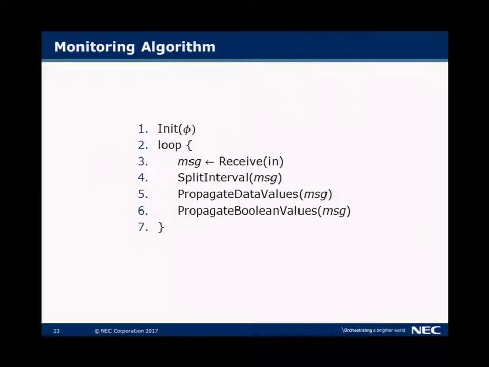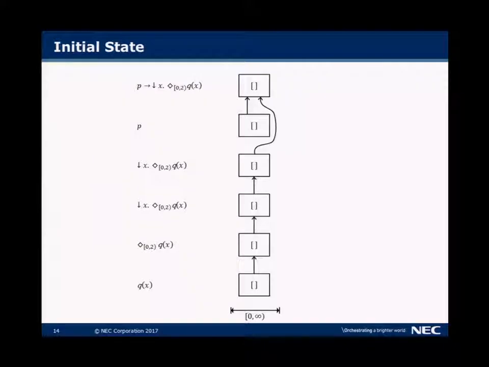This is the main loop. I will sketch the steps and how the internal data structure is updated by the monitor. So first, what is the state about and how is it initialized. The main data structure that the monitor maintains is a graph structure where each node corresponds to an interval, which corresponds to an observation or to a position in my observation.